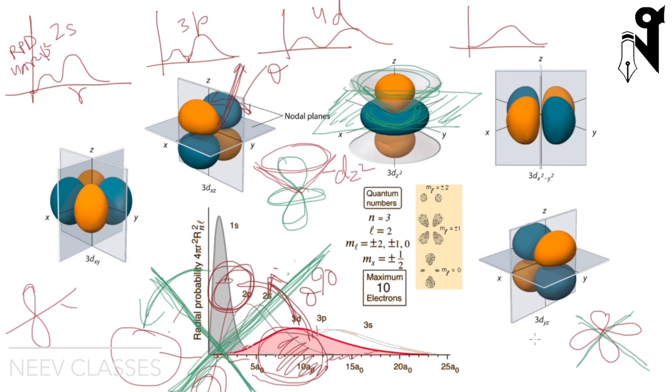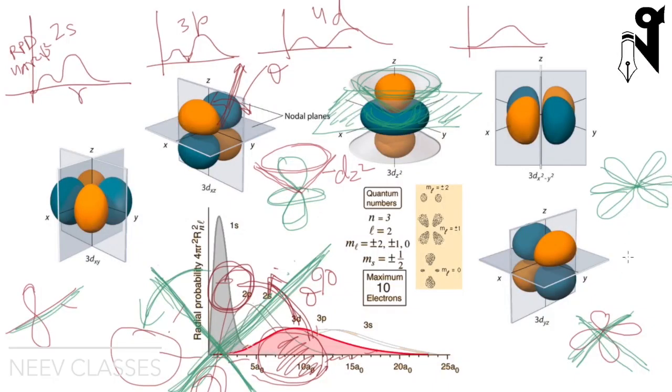I am drawing it in the right hand corner. So this is having two nodal planes. This p was having one nodal plane. For f, we have discussed that f is 3 flowers, three dumbbells.